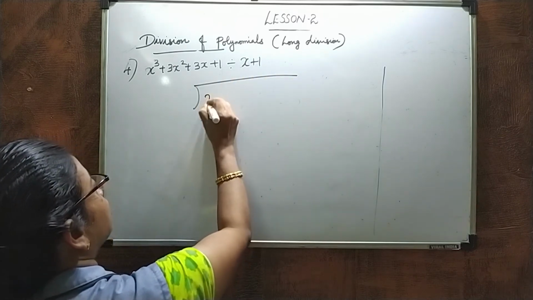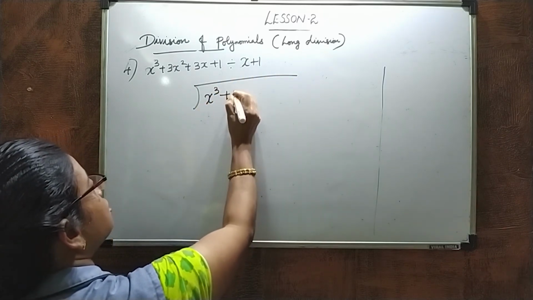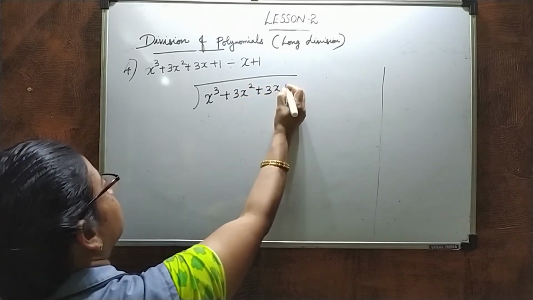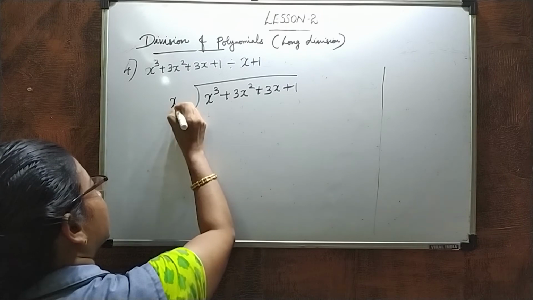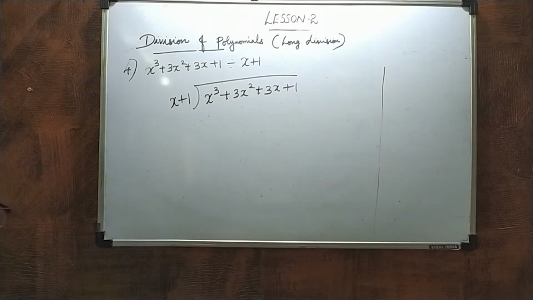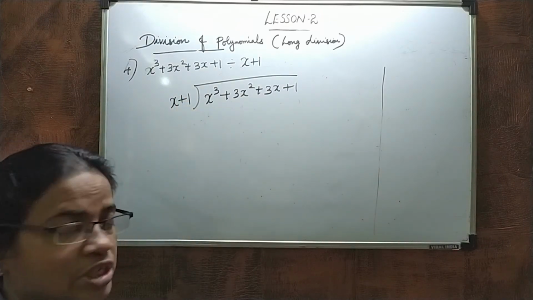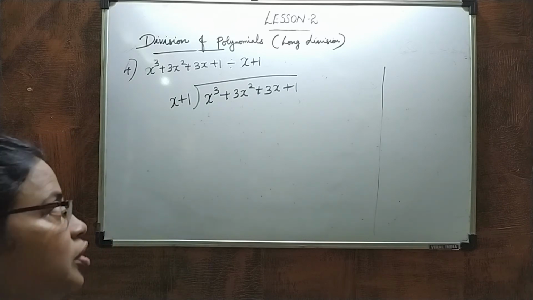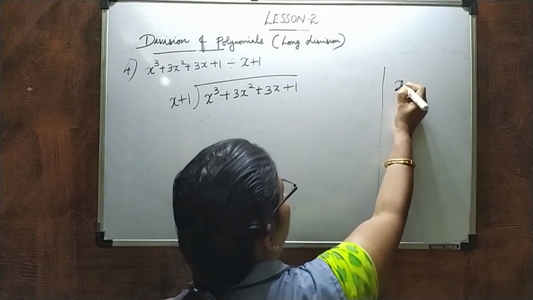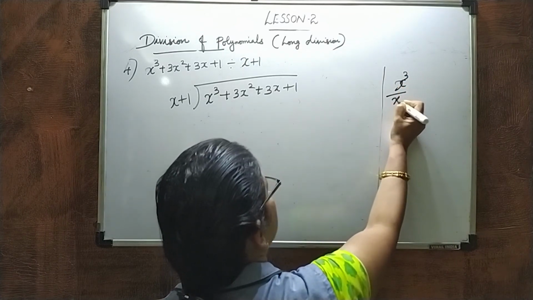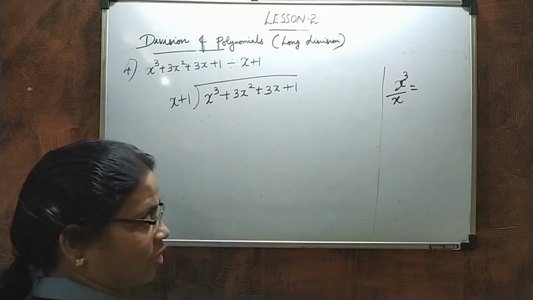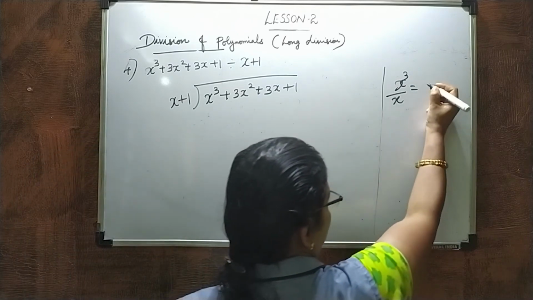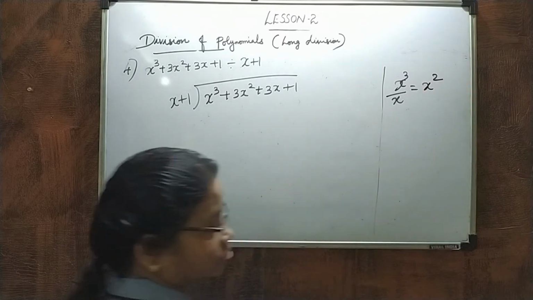Then you have to draw here x cube plus 3x square plus 3x plus 1 divided by x plus 1. First term of the dividend divided by first term of the divisor. x cube divided by x. a raised to m divided by a raised to n is equal to a raised to m minus n. 3 minus 1, so it will be 2.